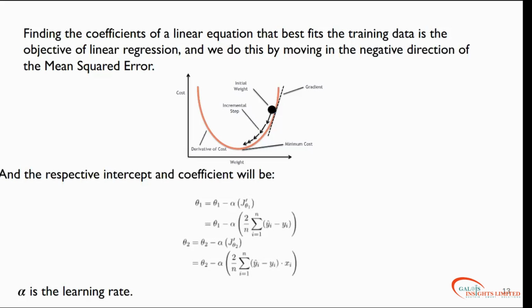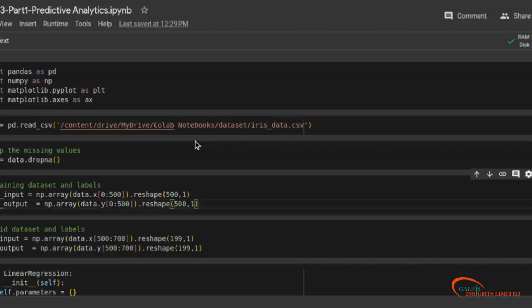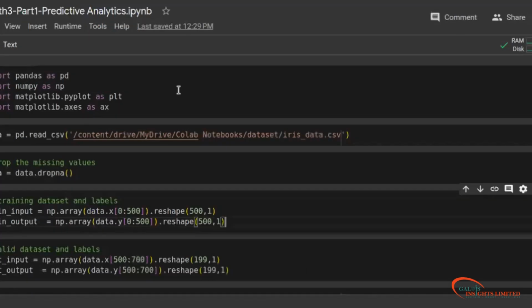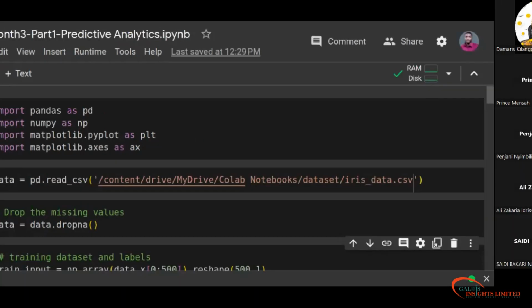Can you all see my screen? All right. So if you are successful, then you should have something like this. Try and zoom in a bit.